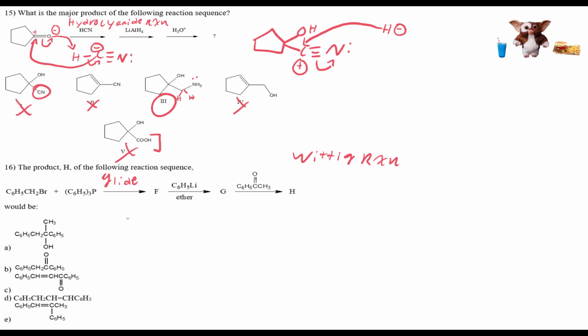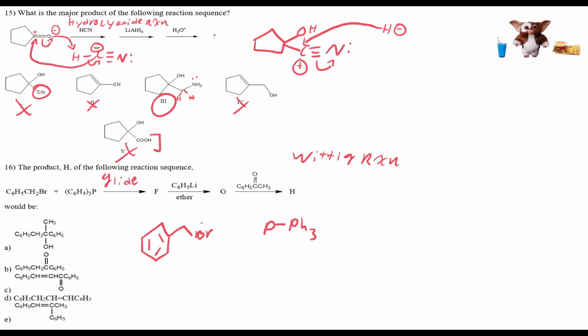So right here, whenever you see C6H5, it's basically a benzene ring that's attached to something. In this case, it's a carbon and then bromine. And now we have a phosphorus. Now what is phosphorus attached to? It's basically attached to 3 benzene rings. Instead, I'm just going to call it PPh3, okay, so that means that we have 3 phenyl groups on it.